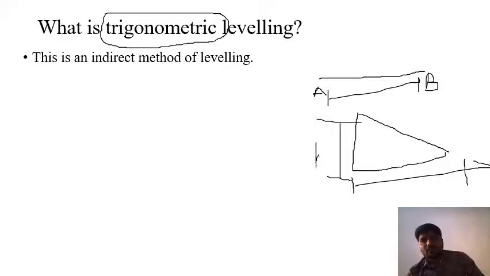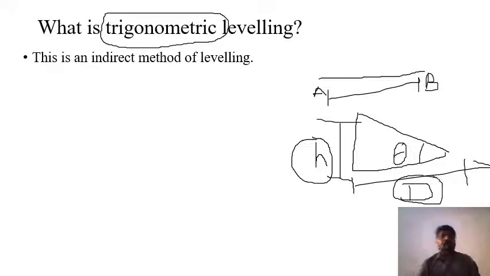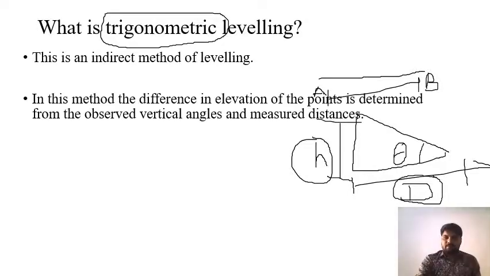If we have d and that theta, then we will find out the height or distance, whatever we require. So this is what we can say is an indirect method of leveling.